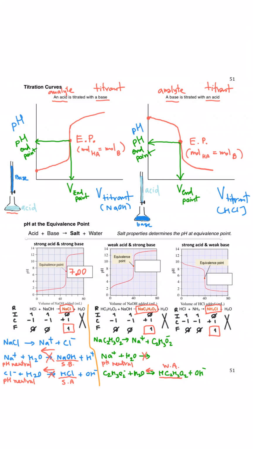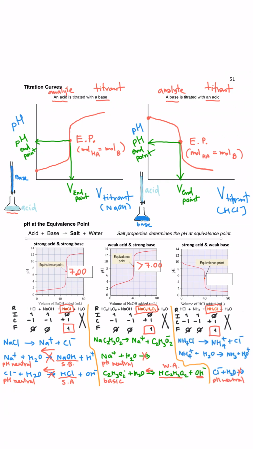Because acetate ion produces hydroxide when it reacts with water, the acetate ion would be a basic ion. When you have a neutral pH ion combined with a basic pH ion, the overall salt would be a basic salt. Therefore, at the equivalence point, the pH would be greater than 7 because it indicates that the salt solution is a basic solution.